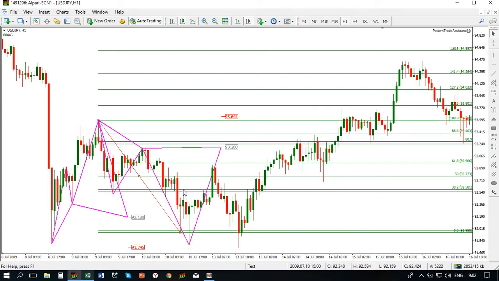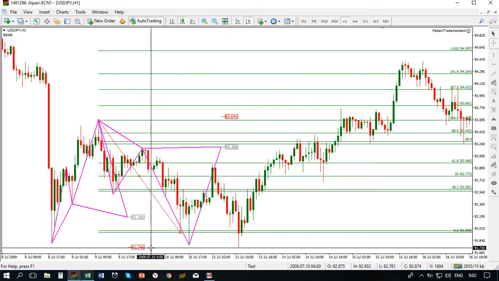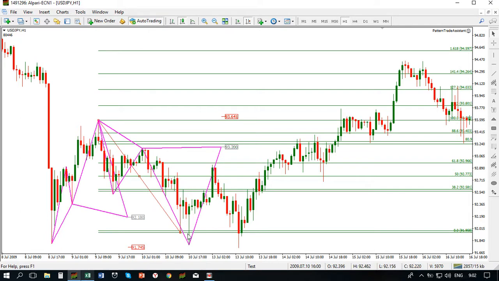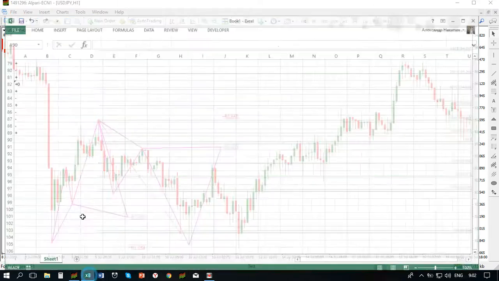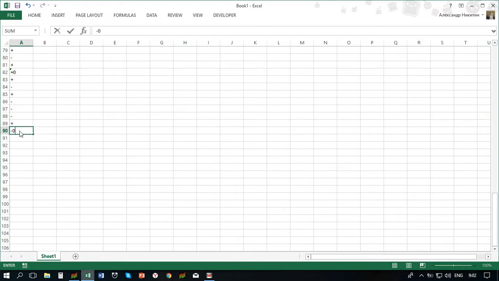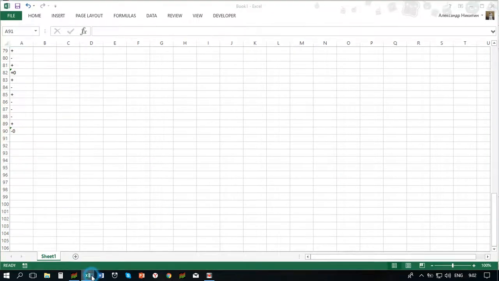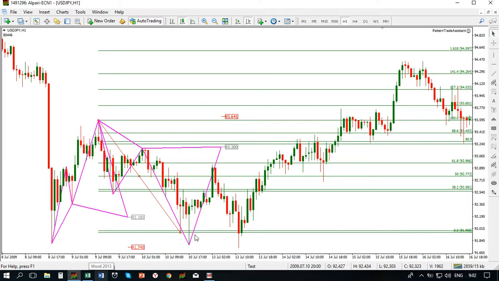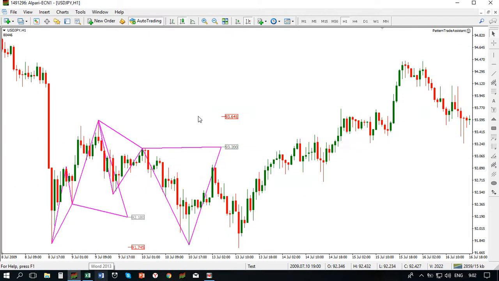Okay, 382 winner. And then came back, and then nothing, and then came to stop loss, I suppose. Yes, so it was avoided loss, it was -0. Instead of stop loss, we hit 382. And the second one needs to be checked. X to A to B to C, exceeding this. And D point. No valid.